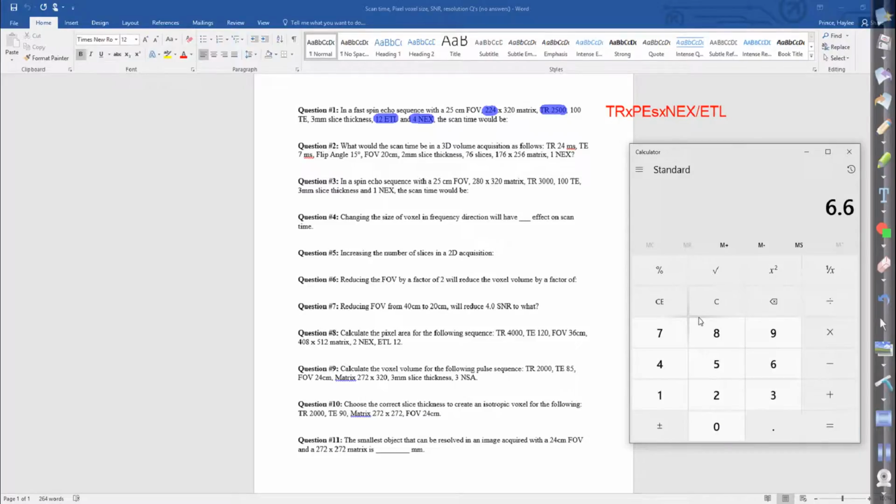And now we get 3 minutes and 6.6 seconds. They are evil. You did all that work. You found the right parameters. You used the right equation. But you just forgot to do that last step to go from minutes to seconds. 3 minutes and 6.6 seconds.